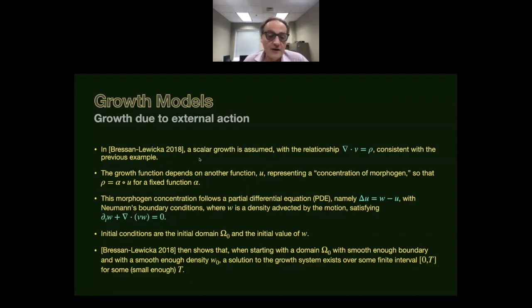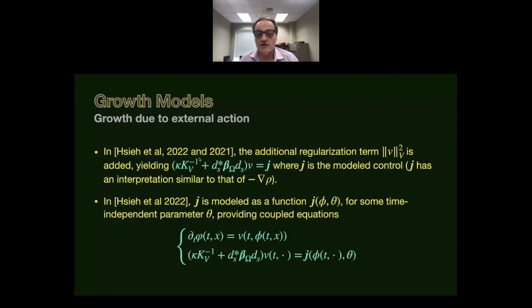You cannot prove that your model has a solution in arbitrary time. Of course, if you cheat and you add our regularization that we have with this K_V inverse, or this norm in V, you can prove that, and you get models that are a little more complex than those introduced by Bressan and Levica, but that allow for existence of solutions in arbitrary time.